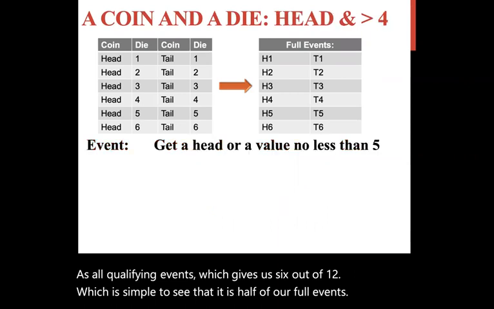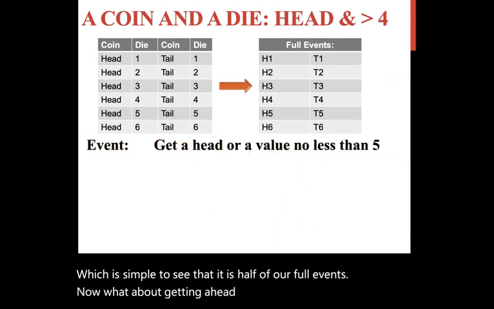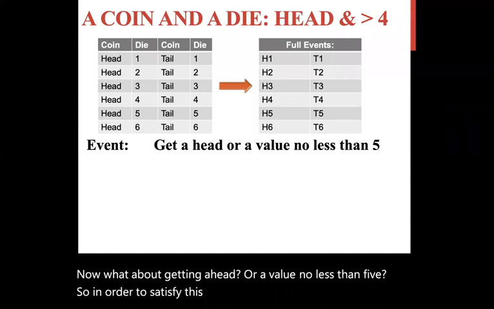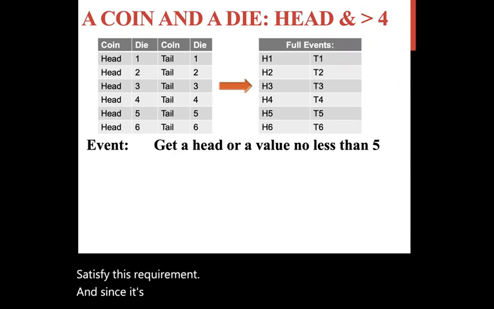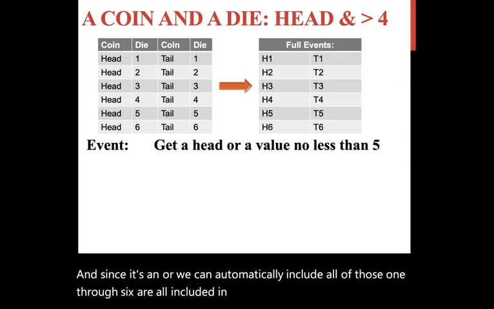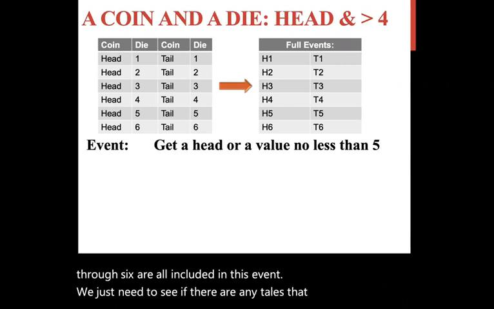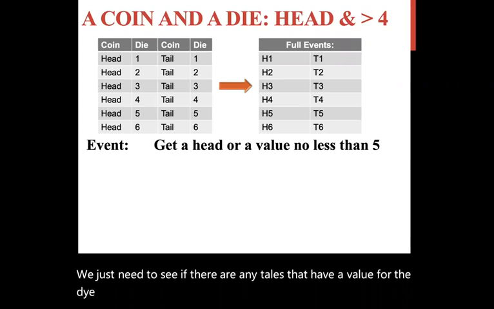Now, what about getting a head or a value no less than 5? In order to satisfy this event, we can get a head, and that would satisfy this requirement. And since it's an or, we can automatically include all of those. So H1 through H6 are all included in this event. Now we just need to see if there are any tails that have a value for the die that's no less than 5.